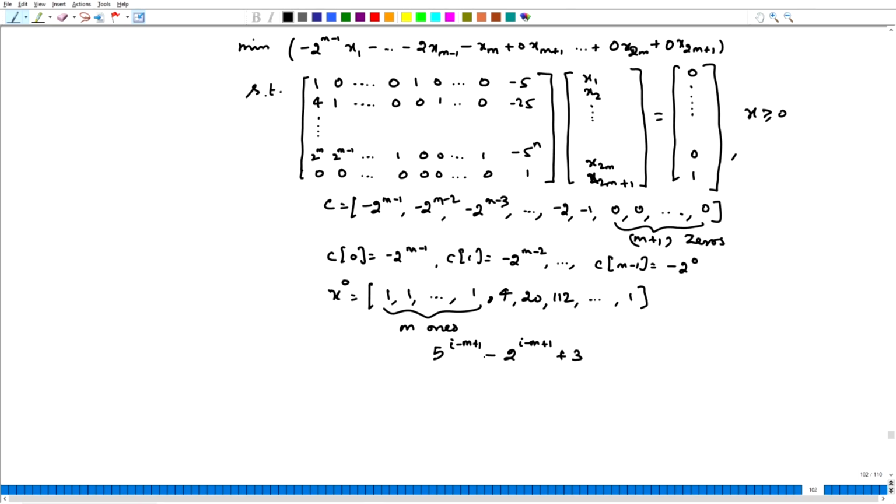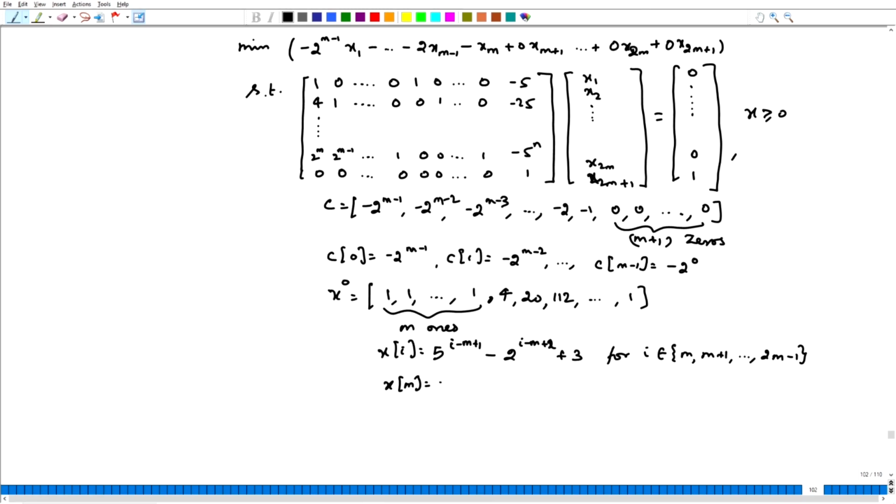Okay. So, let us check for certain values. I claim that for x of I it is this when I is m plus 1 up to 2m minus 1. For 2m it is 1, so we can leave that. Let us check this for certain values of m. What is x of m?